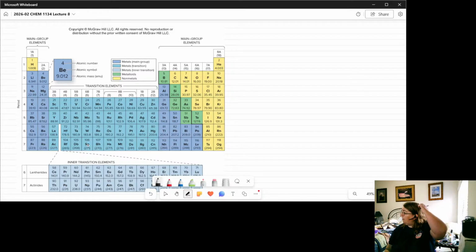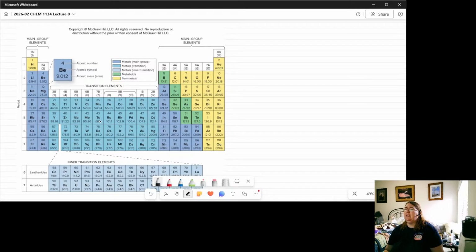Most of those you had to have reactors to make, and so those didn't start really being made until the 1940s, 1950s, and then into the 2000s. Even a lot of the transition elements, and certainly a lot of the lanthanides, actinides, those weren't discovered either until after Mendeleev's death.